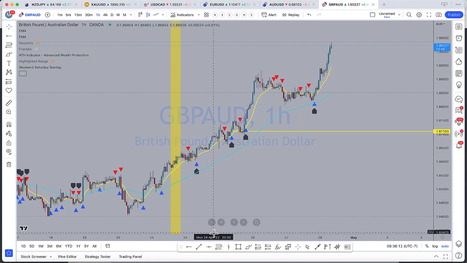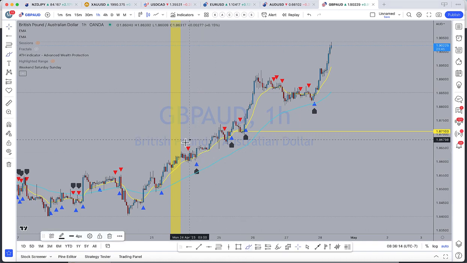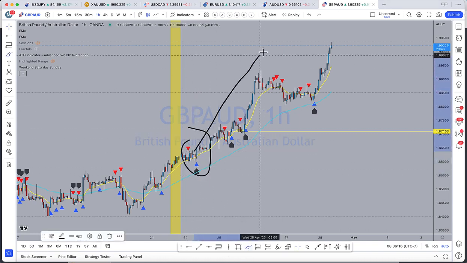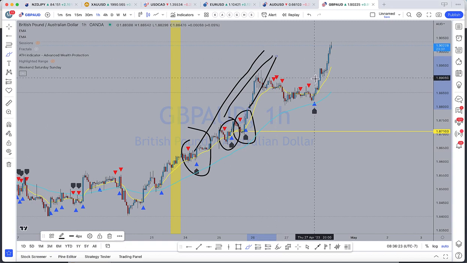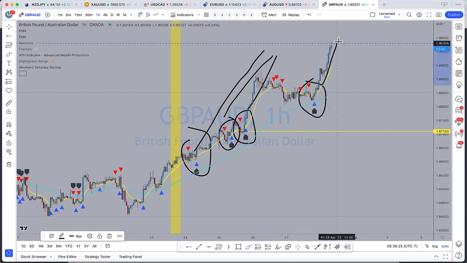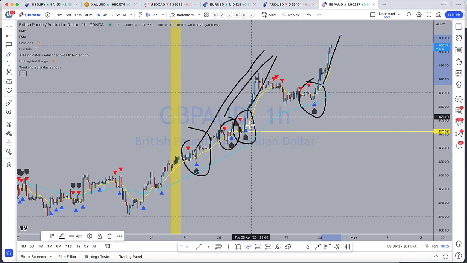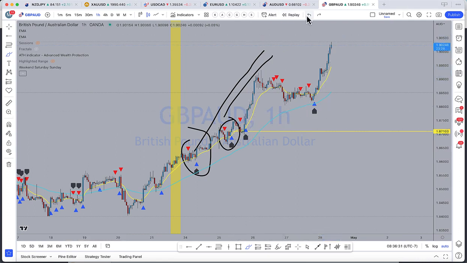And we're like, let's go check that out. So you can see here, down, up, good trade. Down, up, good trade. Down, up, good trade. And then here this morning, down, up, awesome trade. Every time that happened, it produced a great trade. So we back tested this and found out it was pretty amazing.